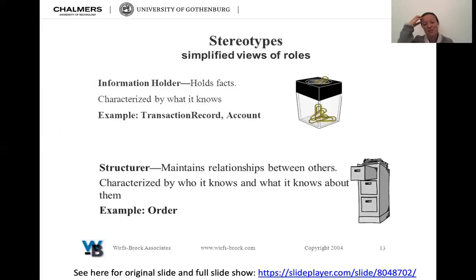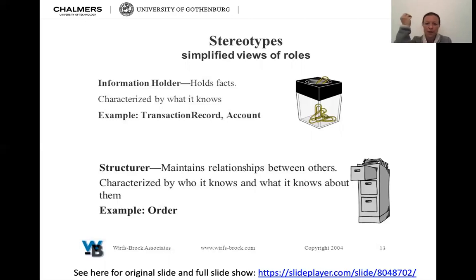And here is an illustrated version of how Rebecca illustrates the stereotypes, or a couple of the stereotypes that she presented in that article. You can find the original slide and the full slideshow at slideplayer.com under the link at the bottom of this slide. So 2 examples here are the information holder.